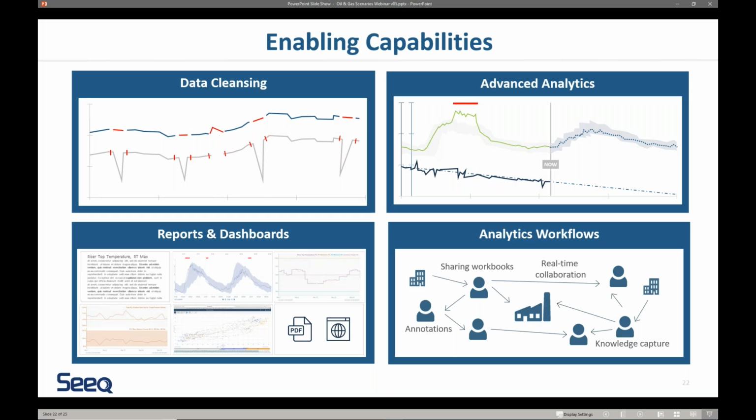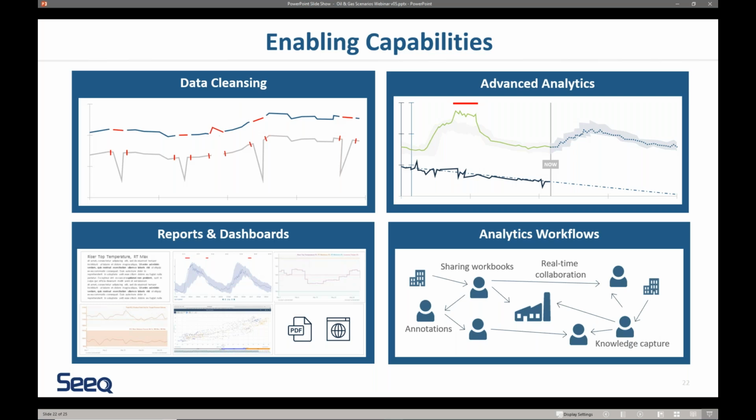The second thing I'd like to highlight as an enabling capability is the tools that you have to do advanced analytics. We looked at this in a couple different ways. We looked at our predictive tool with the heat exchanger example, and then we also saw with the water hammer example some creative ways to be able to identify and find various patterns in our data.